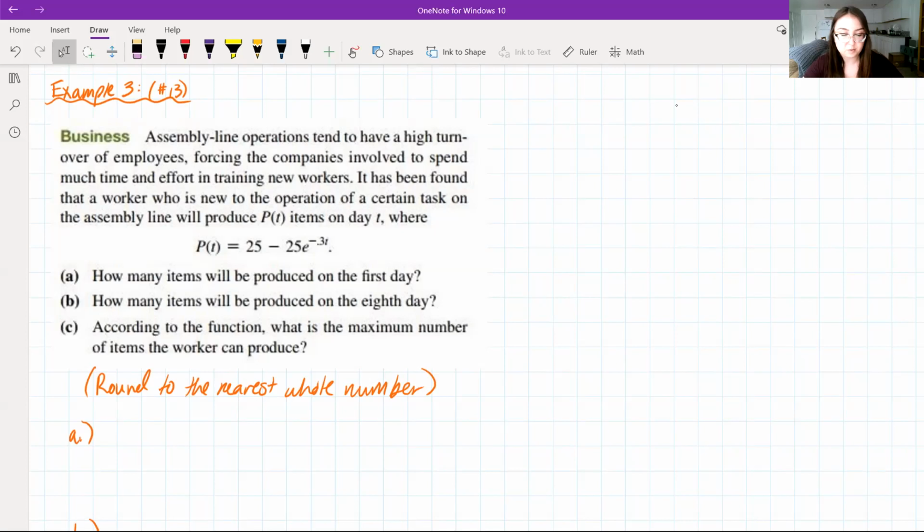It has been found that a worker who is new to the operation of a certain task on the assembly line will produce P of T items on day T, where P of T is equal to 25 minus 25 times e to the negative 0.3 t. How many items will be produced on the first day? How many items will be produced on the 8th day? And according to the function, what is the maximum number of items that the worker can produce? We want to round to the nearest whole number because you can't really produce half an item.